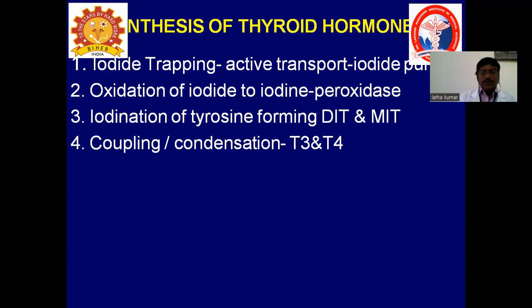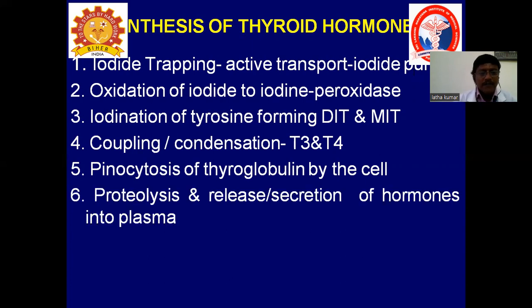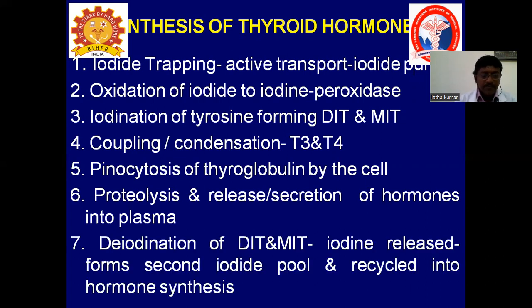Both diiodotyrosine and monoiodotyrosine join together. The process is called coupling, and they condense to form T3 and T4, triiodothyronine and thyroxine. Then, by the process of pinocytosis, the thyroglobulin is taken up by the cell, and after proteolysis the hormones are released into the plasma.